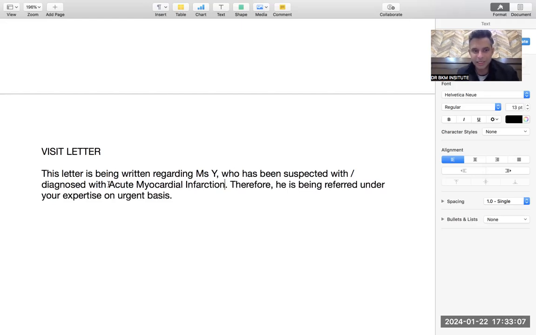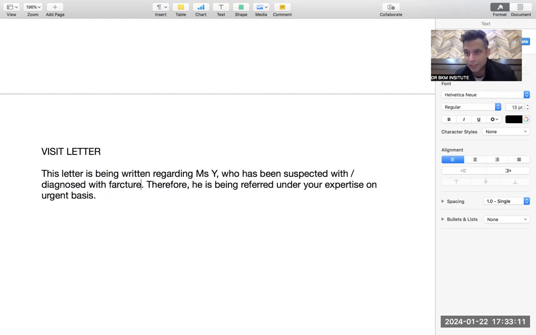Suppose the patient has been diagnosed with fracture. So obviously you are writing the letter to orthopedics. Suppose you are saying the patient is diagnosed with inability to see anything, obviously you are writing to an ophthalmologist.